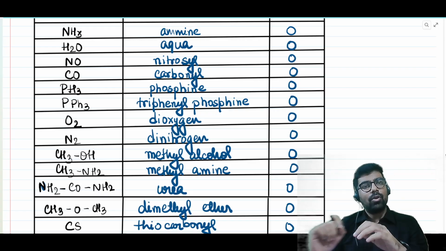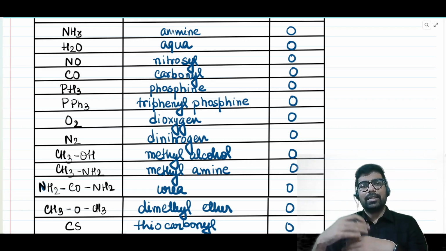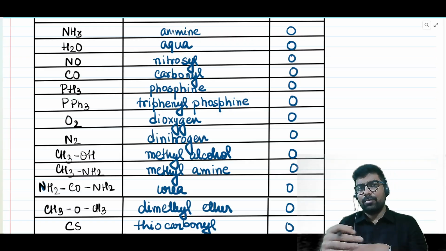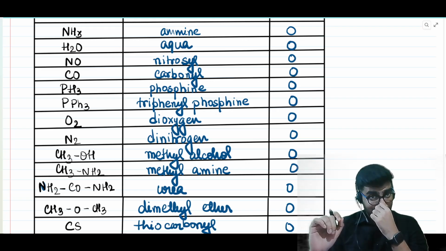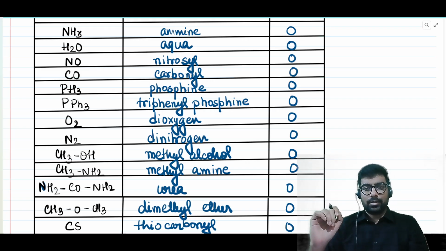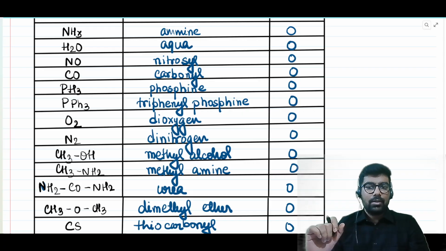All other amines that you will see after this, made by ethylenediamine, ethylenetriamine, whatever it is, contain a single M. The spellings are important. This is where the examiner will try to trap you, whether it is double M or single M. These are the small things that make all the difference. So for NH3, it is AMMINE.